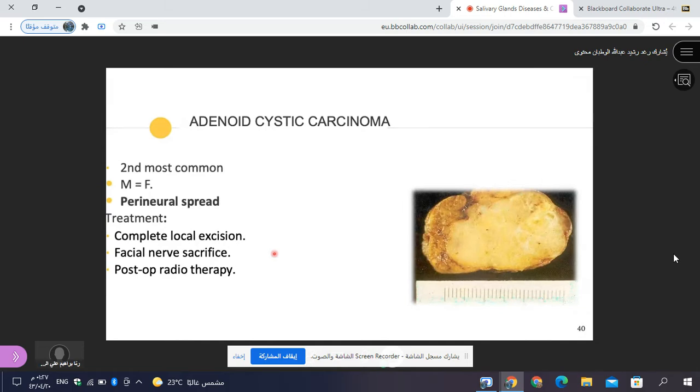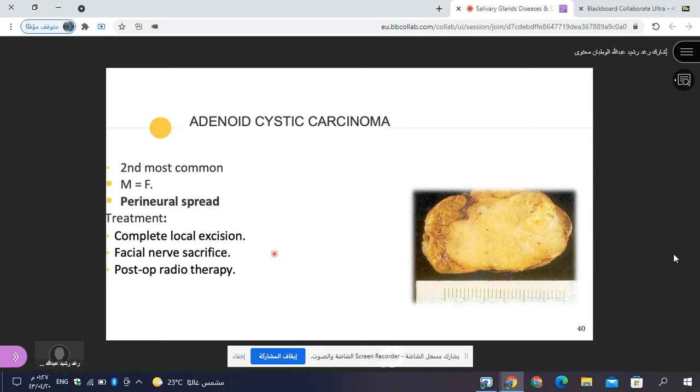Okay, thank you, Ragad. Adenoid cystic carcinoma is the second most common malignant salivary gland tumor, and this mainly occurs where? In the submandibular and sublingual gland. And unfortunately, this has a high affinity for what? For perineural spread. And unfortunately, it also has a high affinity to blood spread, and the spread can occur to lungs and bones and liver.